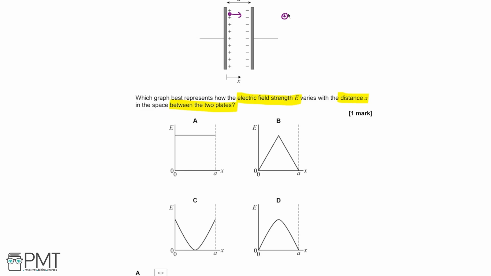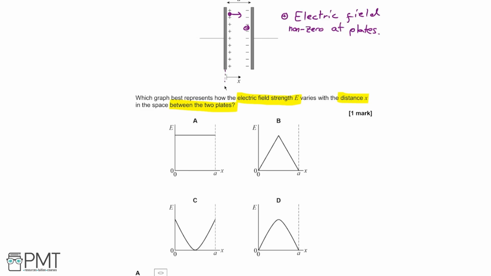However, we would expect that next to the positively charged plate, there is an electric field acting on the charge, because it is repelled. Therefore, what we expect is that the electric field is non-zero at the positive plate. Equally, it should be non-zero at the negative plate, because this is a positive charge being pulled towards negative charges, and therefore we expect an electric force to be non-zero there too.